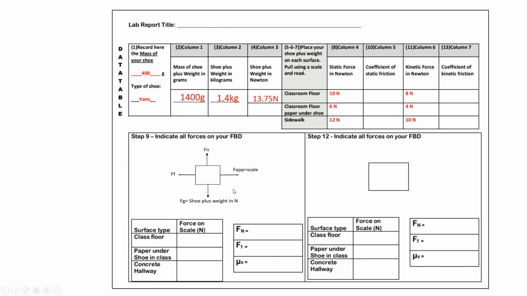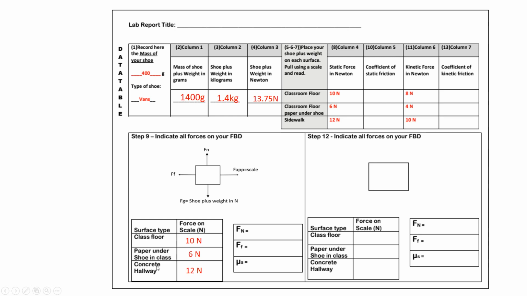Now we are going to take a look at this table. The force on the scale that I read when I pull the shoe on the classroom floor, which was provided to you, is 10 Newtons. Now when I add the paper under the shoe, my pull force is less, 6 Newtons. This is the pull force when the shoe just starts the motion.